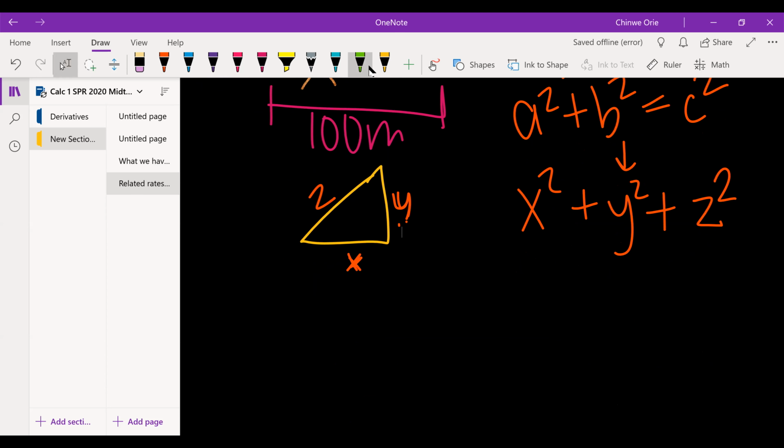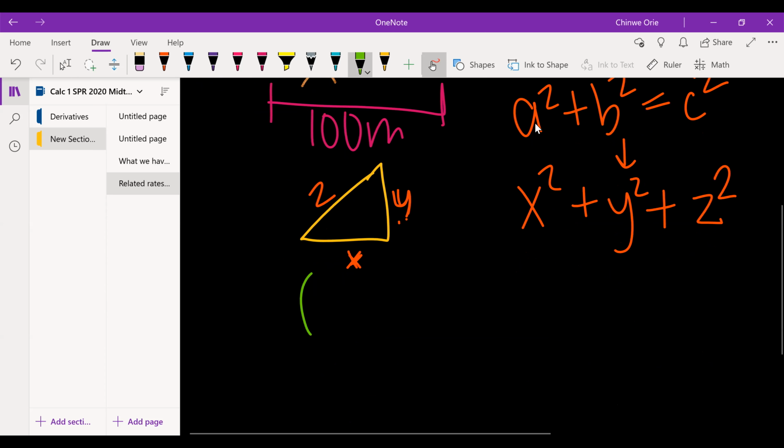We have x and y. So what's x? 80 or 100. X is 100.